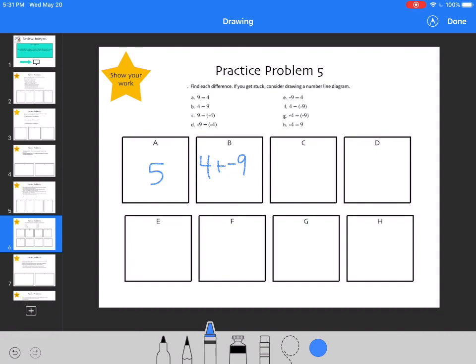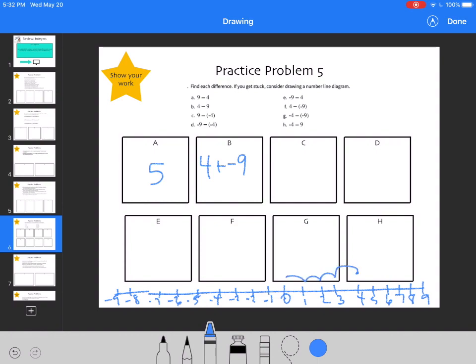So 4 and then negative 9. 1, 2, 3, 4, 5, 6, 7, 8, 9. So I have negative 5.